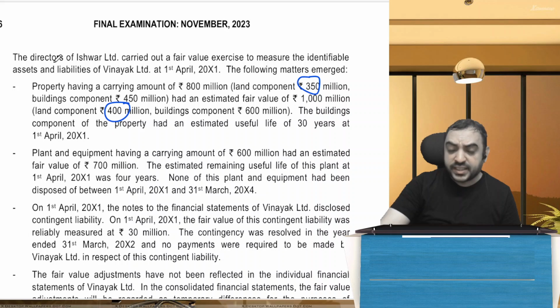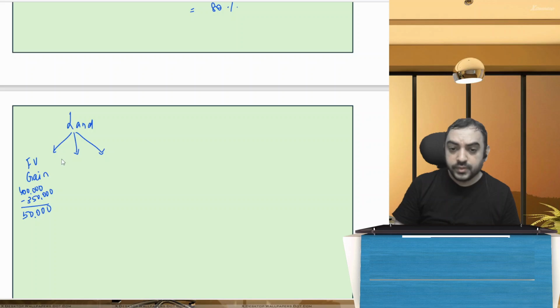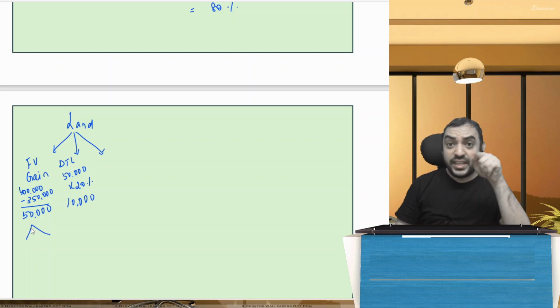So 50,000 revaluation profit, and on land depreciation will not come. But on the fair value gain, you will have a deferred tax liability. 50,000 into 20%, that is 10,000. So 50,000 will come in two places. One, it is a pre-acquisition profit.